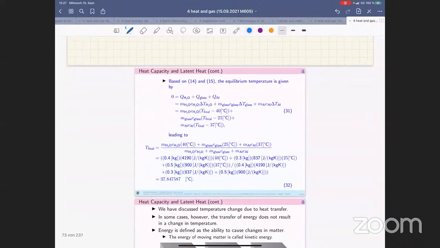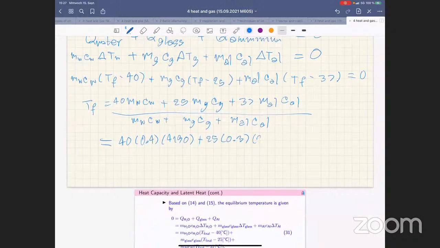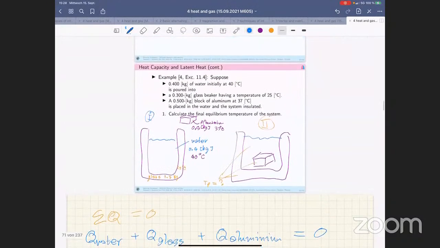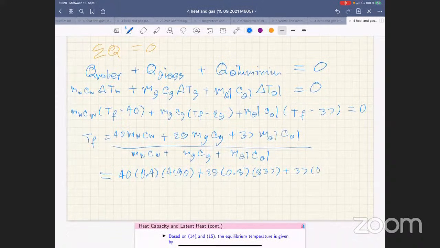Okay, we have to open the table, look at the table. 837 plus initial temperature, which is 37, and mass of aluminum. Mass of aluminum is 0.5 and 900. All right.